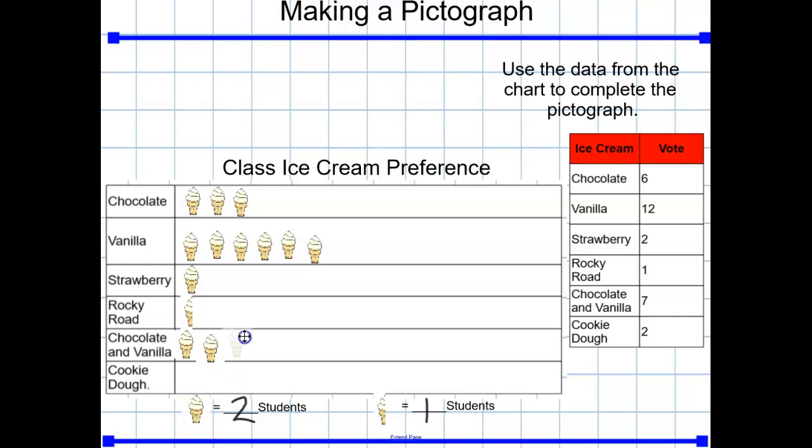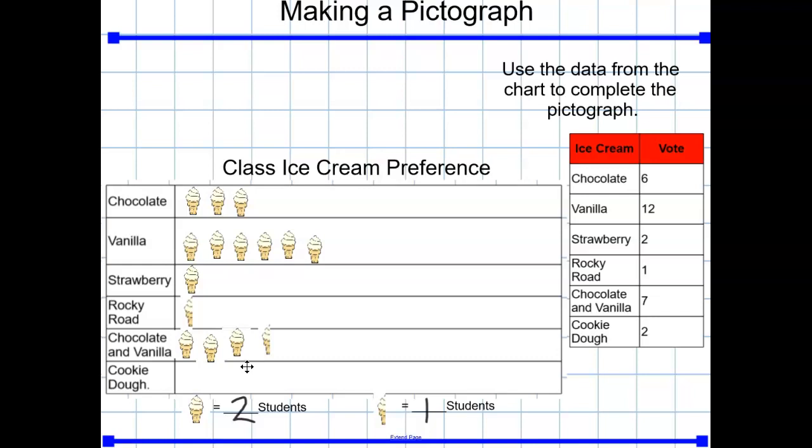But I can't add another because only 7 students voted for chocolate and vanilla, and if I added another, it would be worth 8. So right now I have 6. How do I get to 7? You're exactly right. I would have to add 1 half ice cream cone because I know that's worth half of the amount of 2, so it's worth 1. So let's practice. 2, 4, 6 plus a half of 1 is worth 7.